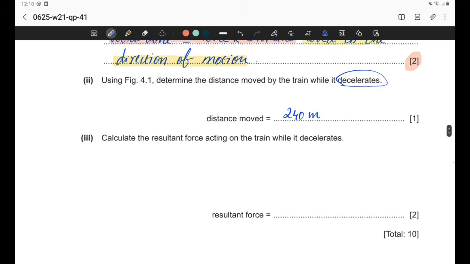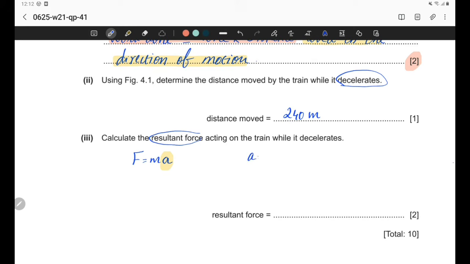Part 3, calculate the resultant force acting on the train while it decelerates. In order to calculate resultant force, we can use the equation force is equal to mass of the train times acceleration of the train during this section. We have mass, but we don't have acceleration or deceleration during this section. So we need to calculate acceleration.